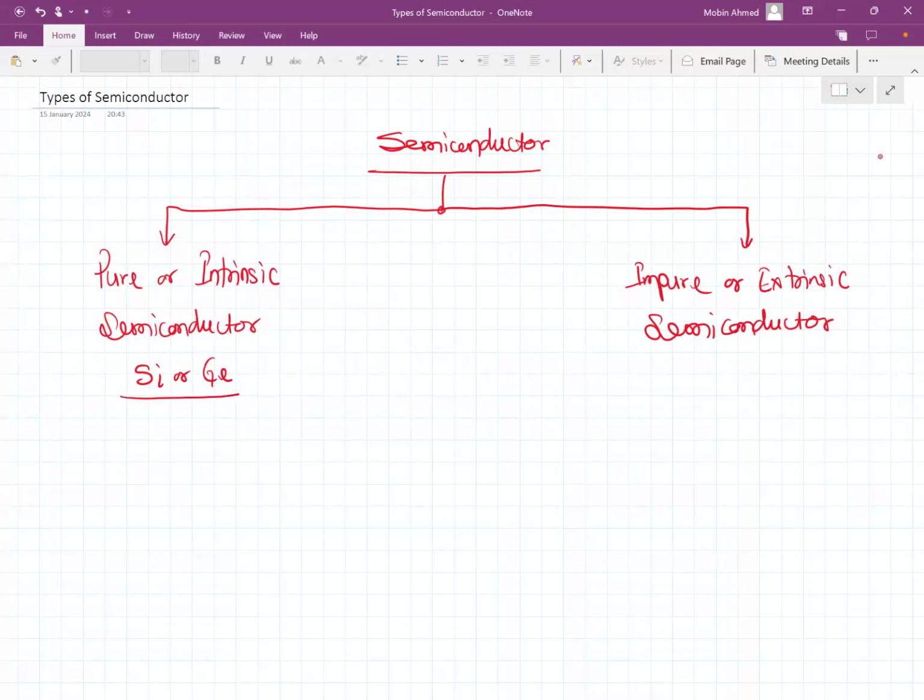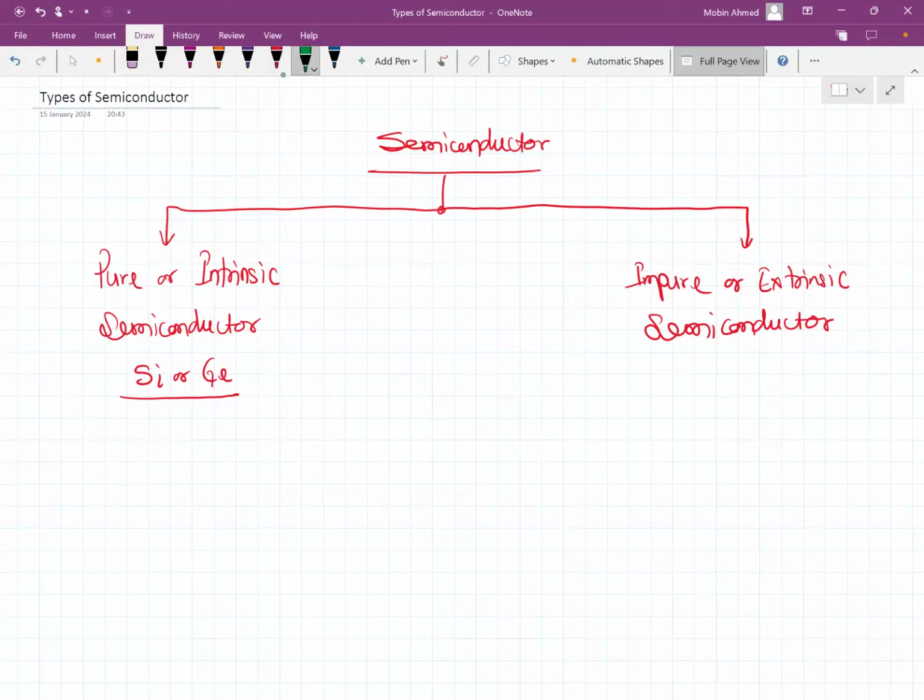When we mix an impurity into this pure semiconductor, it becomes an impure semiconductor. This mixing or adding of impurity is known as doping.